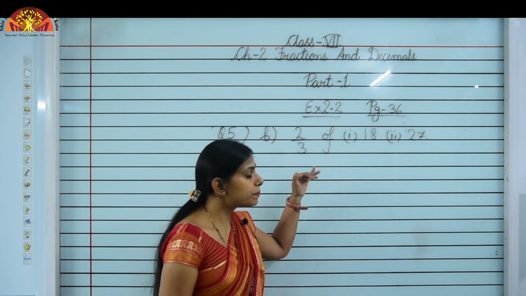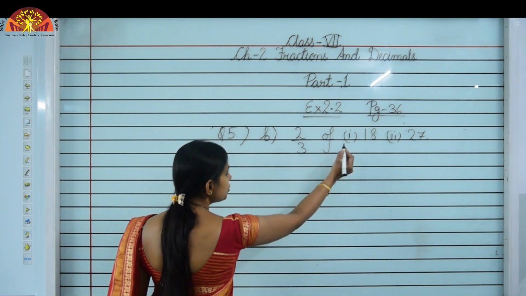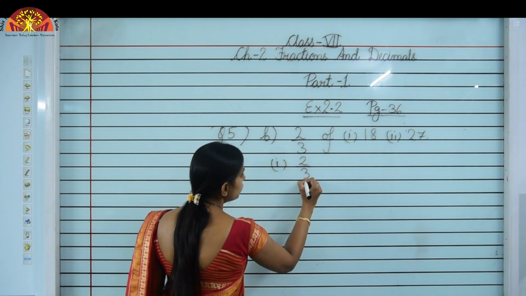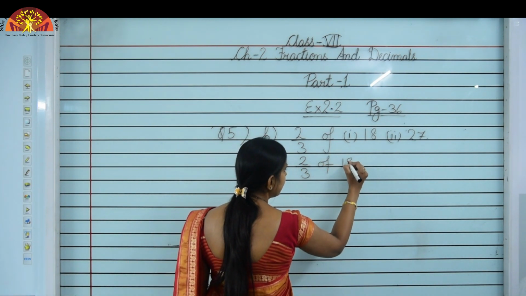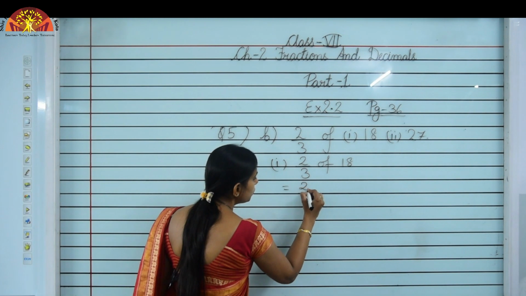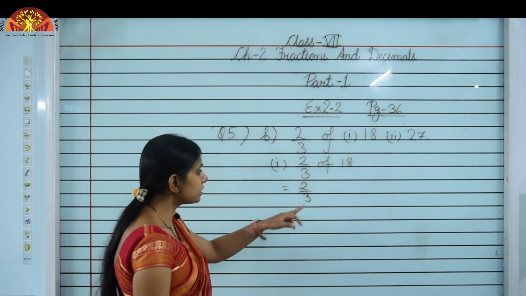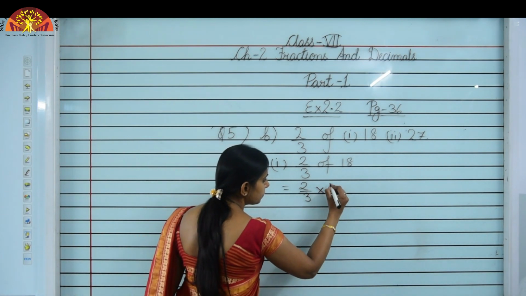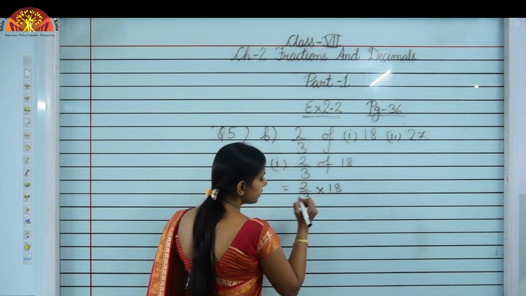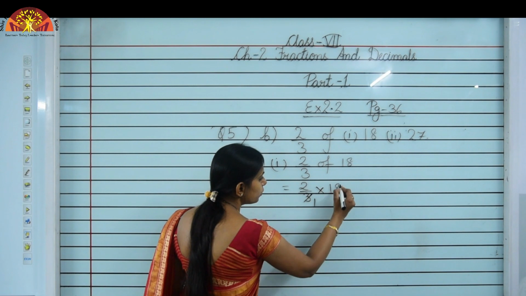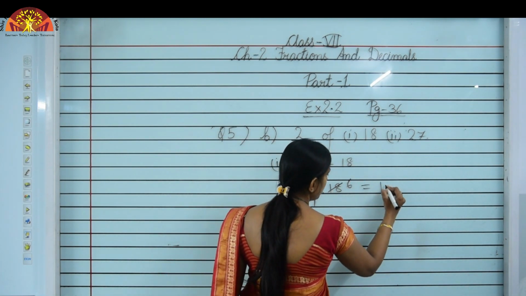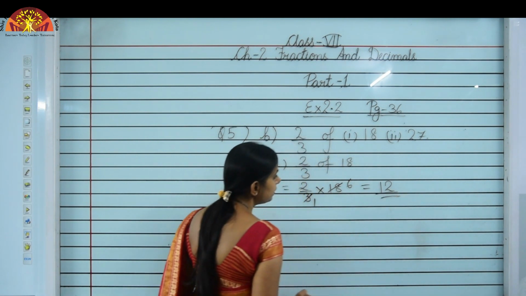So first of all we will solve the first part, that is 2/3 of 18. That means 2/3, and what does of represent? That is the sign of multiplication, into. So now we can simplify it. 3 ones are 3, 3 sixes are 18. So 2 into 6 is 12. So this is the answer for the first part.